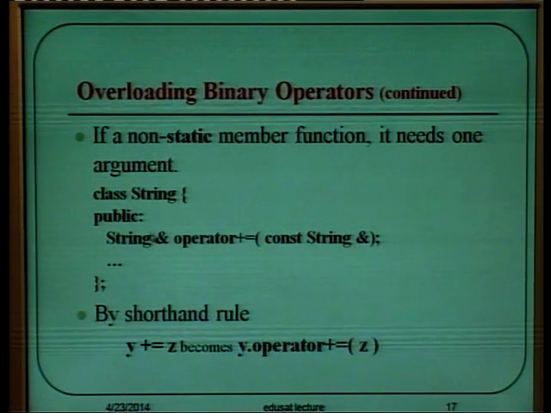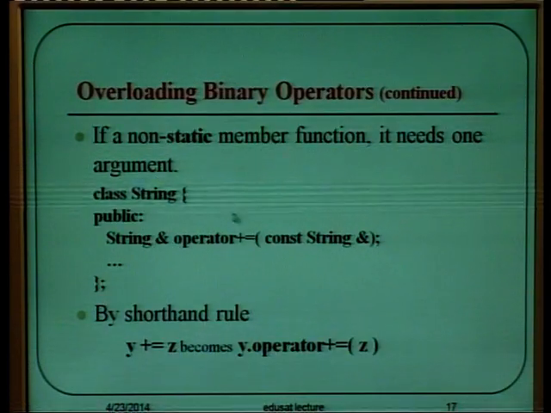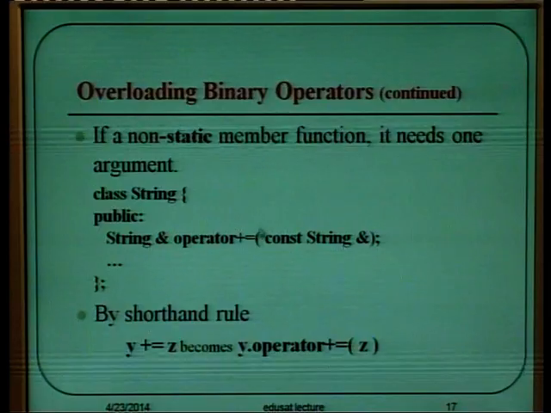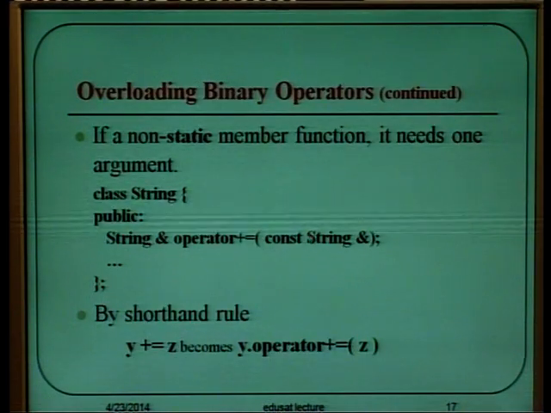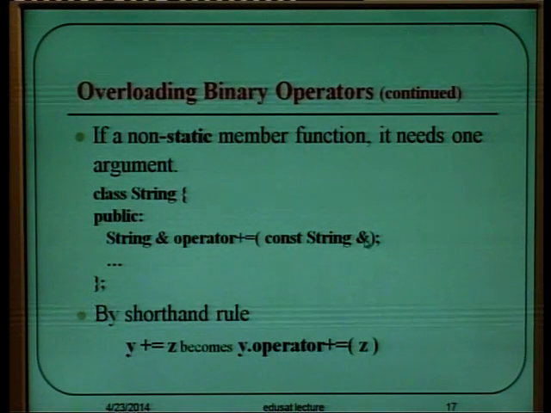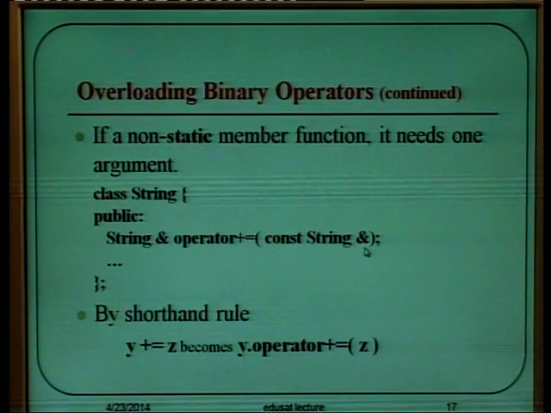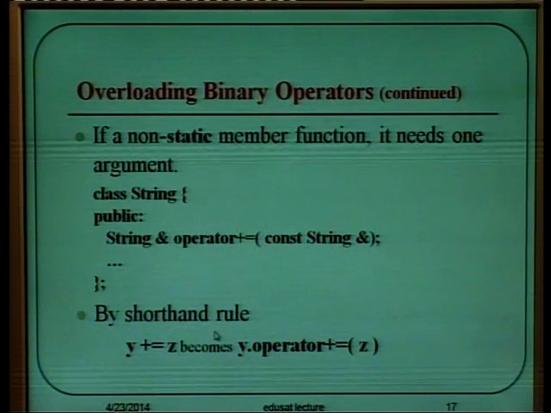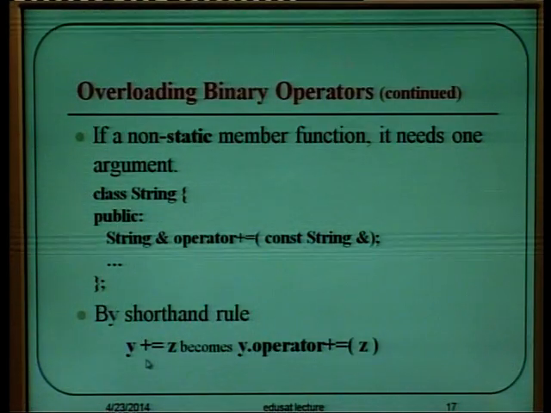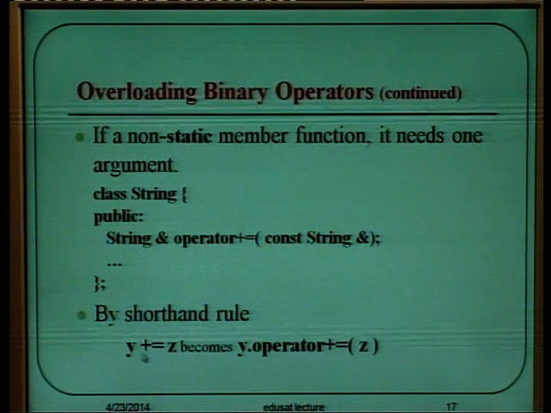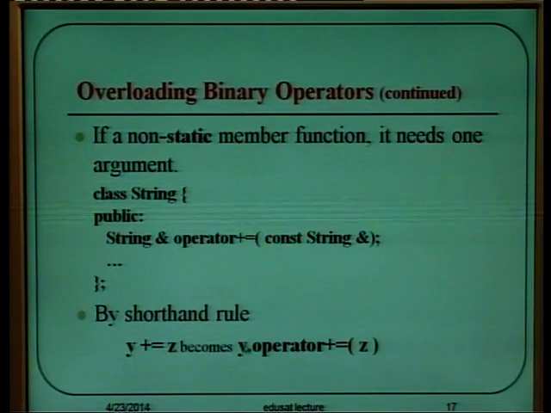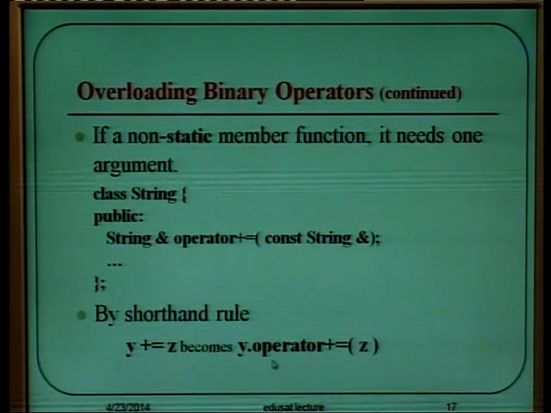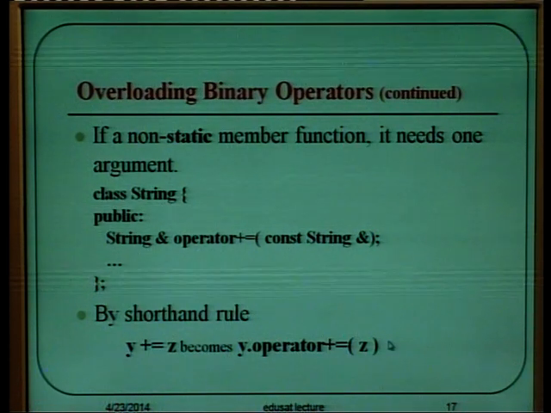String is a class, and here we are defining the operator, and these operations are going to be performed. Here we are passing one argument, which must be a reference of the class. In shorthand we write y plus, here is the operator overloading, and z becomes y dot operator, and we can write this as this.